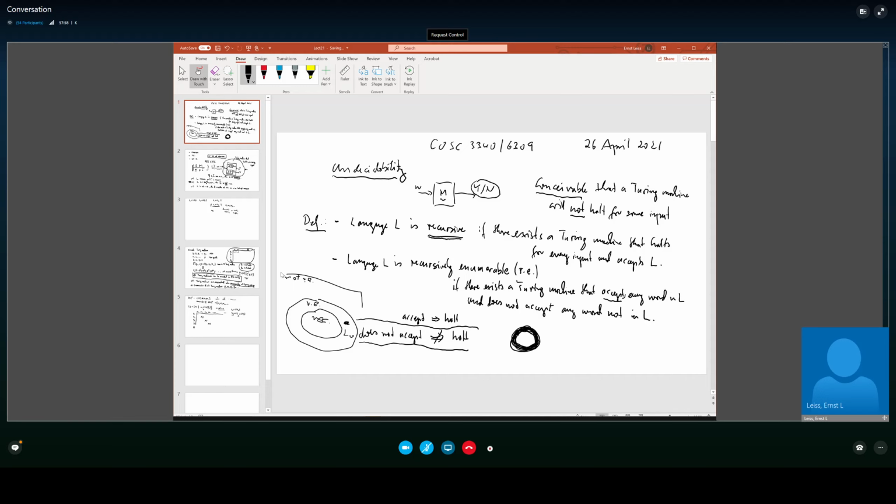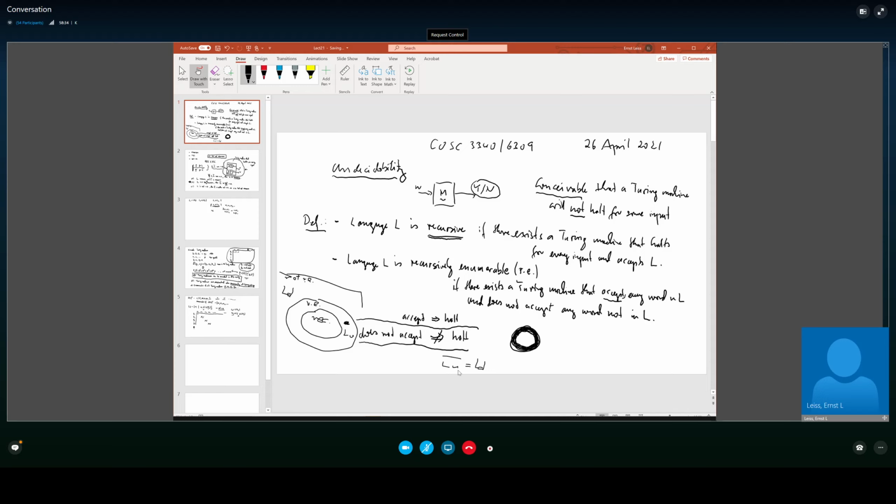And if you recall that, LD, we showed that LD is not RE, and that the complement of LU is effectively LD. And so, since LD is not RE, and LU is recursively enumerable, it follows that it cannot be recursive.